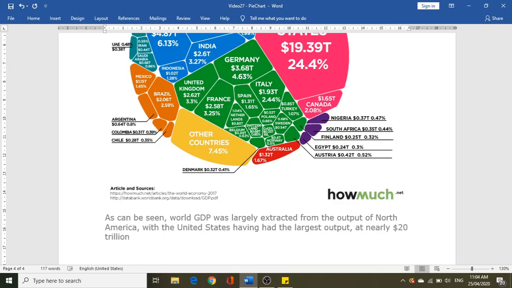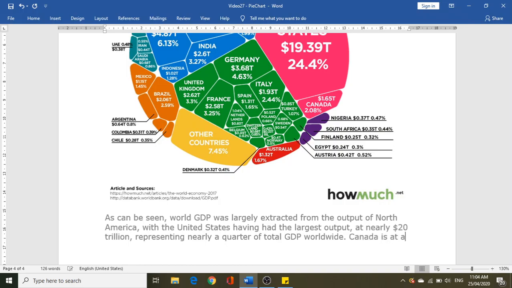Okay, what a rich country that is, representing nearly a quarter. So that's the 25% of total GDP worldwide. And let's mention Canada in passing.